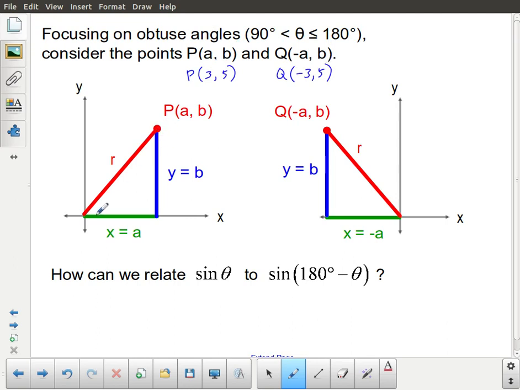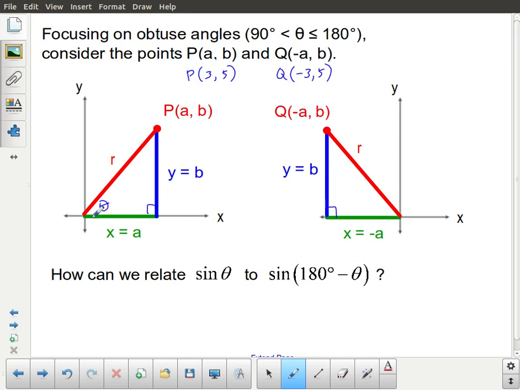So in an acute triangle, that would be my angle theta. And that would mean that if this right triangle has the angle theta there, then this green side must be the same as this green side, because even though one is positive and one is negative, the length of them is the same.